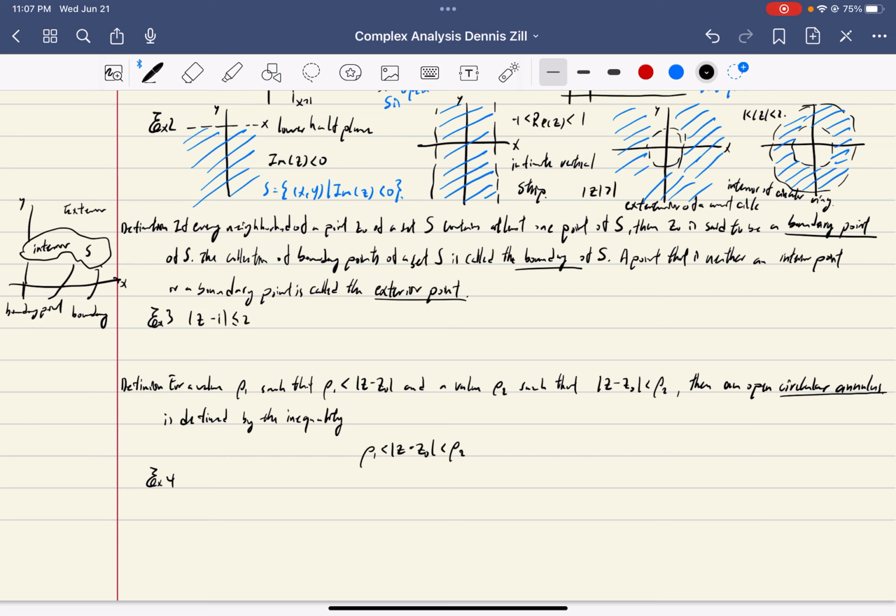I am inventing an example. So this can be drawn like this, and you have your y, you have your x, you have your i. This is i, which is really just the imaginary part.